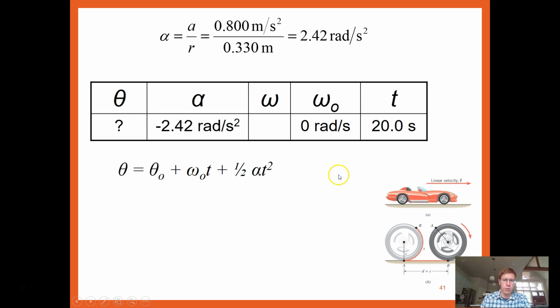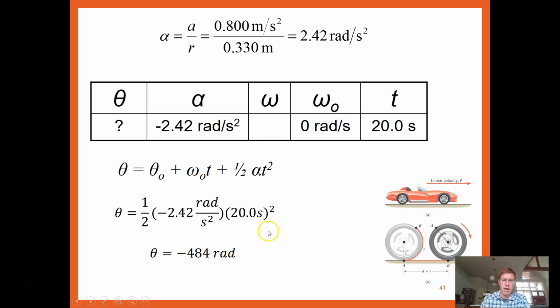So we choose our equation of motion that does not depend on omega final. Then we observe we know everything except theta final: omega initial 0, theta initial 0, alpha and time. So we plug in our values, 0 plus 0 plus 1/2 alpha t squared, do the math, and we find a box-worthy answer that theta is equal to negative 484 radians.